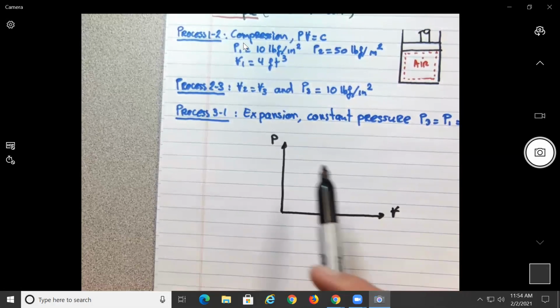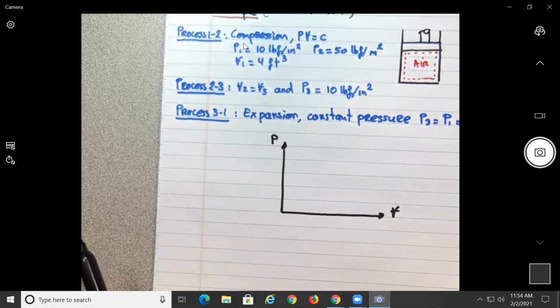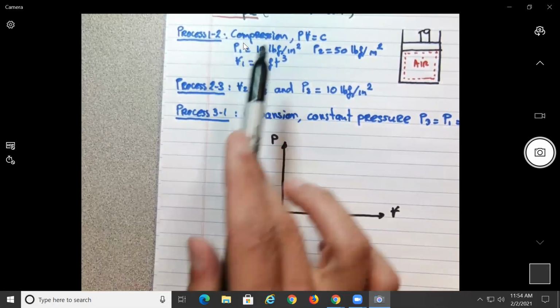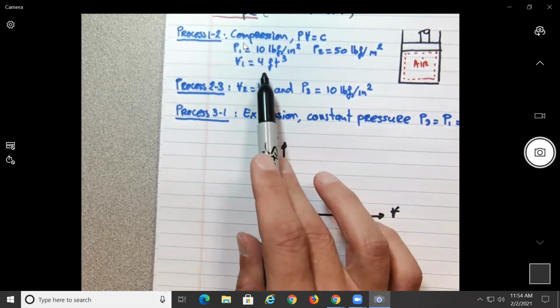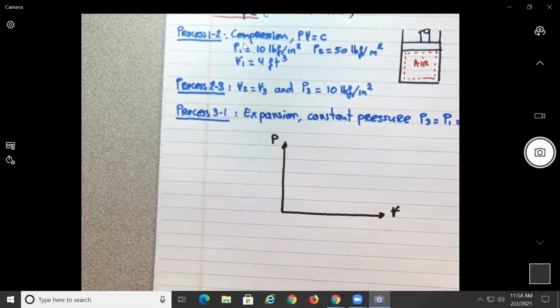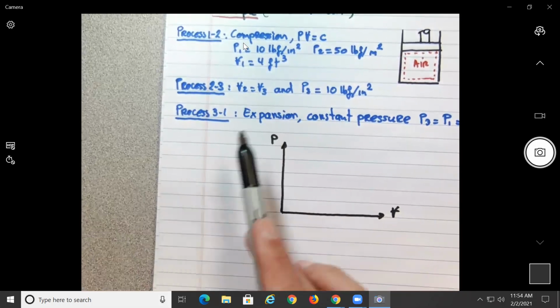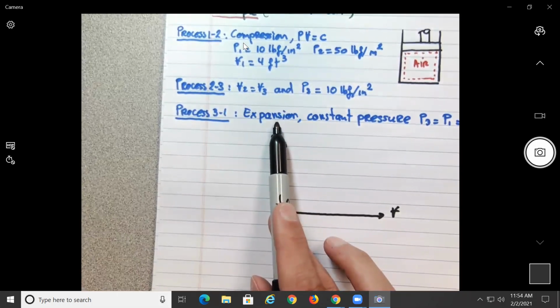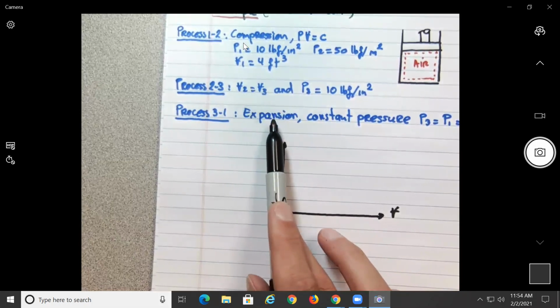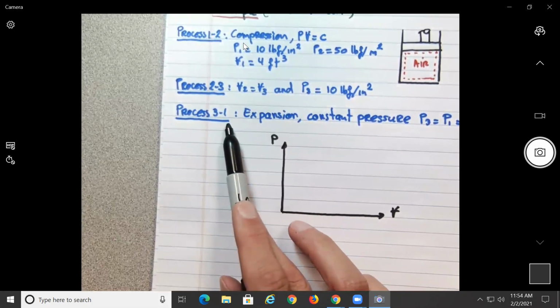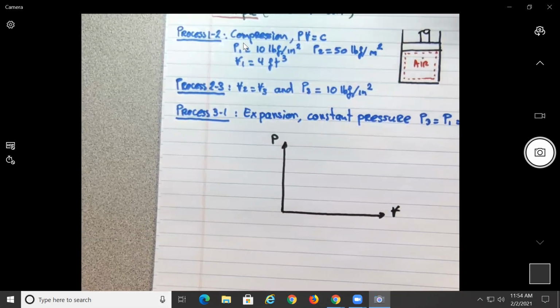Okay, so let's try to see how this will look. Compression means that the pressure is going to increase, no? All right, so what is the volume here? V2 equal V3, and this is expansion, so that means that V1 should be higher than V3. Wait, let's see how this one will look.